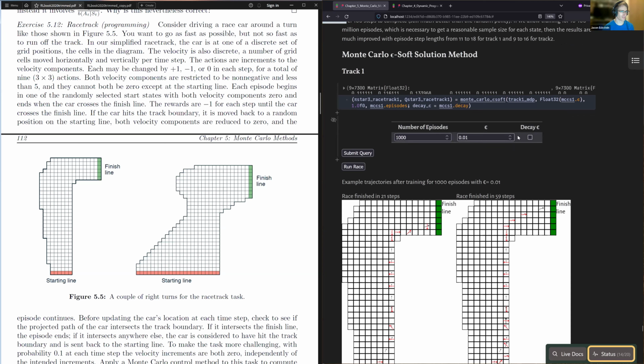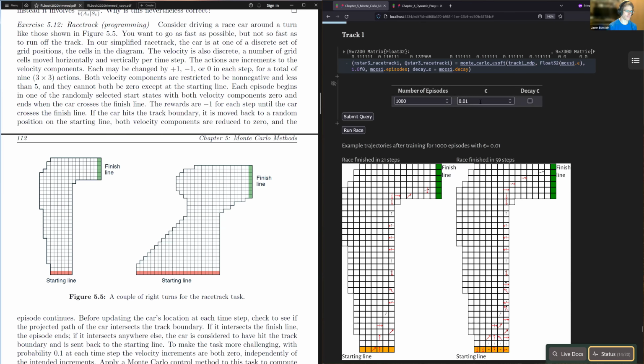And I did also add this little thing where I found for doing a really large number of episodes, you can decay epsilon over the course of the run. So you could start epsilon at a high value and eventually lower it to 0. And that's another way of ending up with a good greedy policy, even though you started out with some finite value of epsilon.